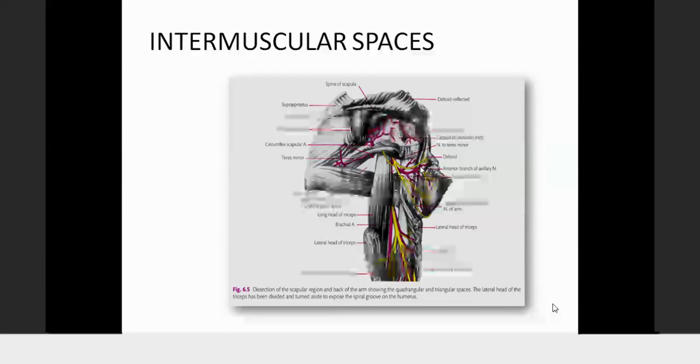So these structures pass through the quadrangular space: the axillary nerve, and the posterior circumflex humeral artery and vein. Is it clear? All the spaces and the structures. These spaces are created because of the muscles running in different directions, through which the structures pass.